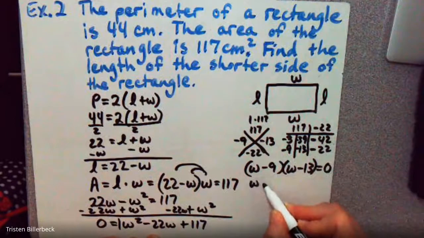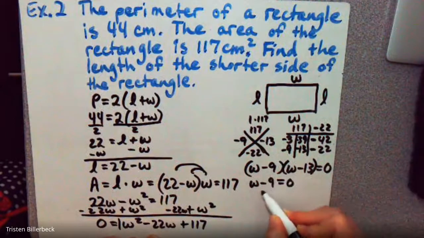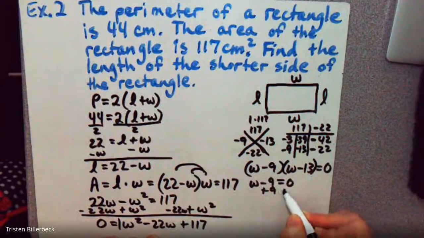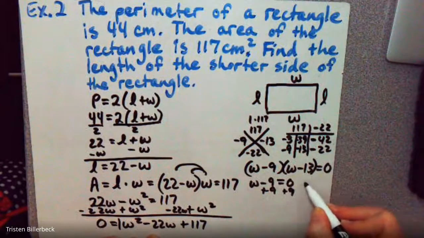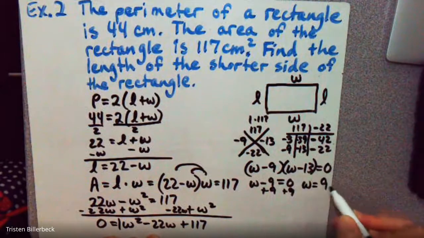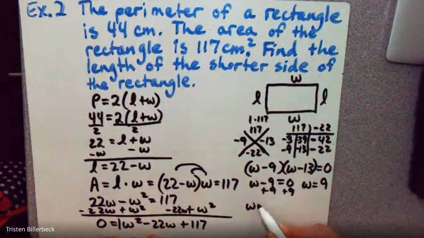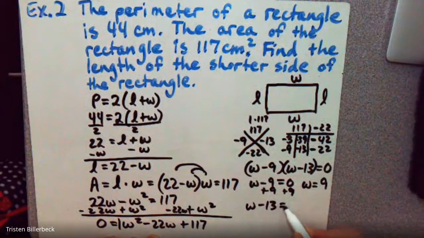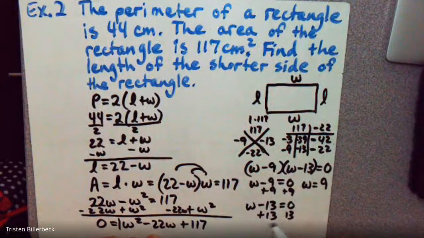So W minus 9 equals 0. We add 9 to both sides, and that gives us W equals 9. W minus 13 equals 0. We add 13 to both sides, and that gives us W equals 13.